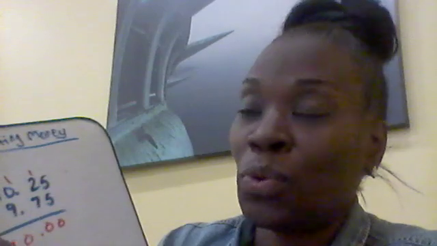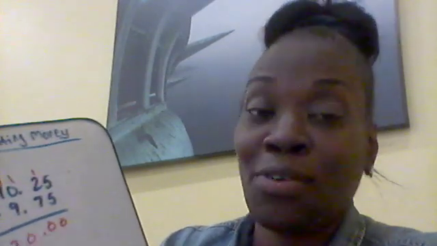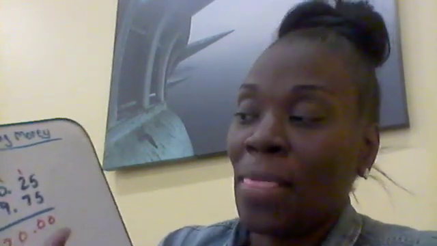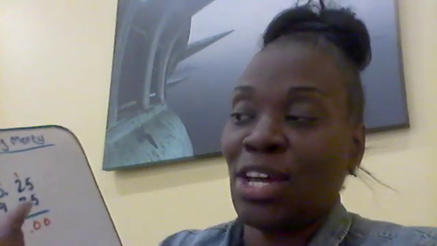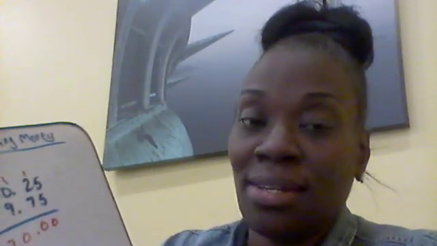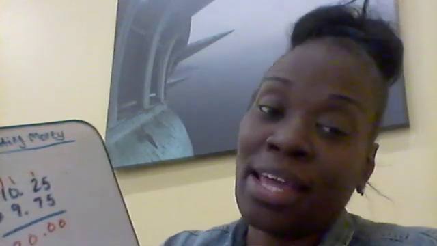Okay? So what did you have? 0 plus 0 is what? 0. 8 plus 5 is what? 13. And you carried the 1. 7 plus 6 is what? 13. And you add 1. That's what? $14.30. Very good.